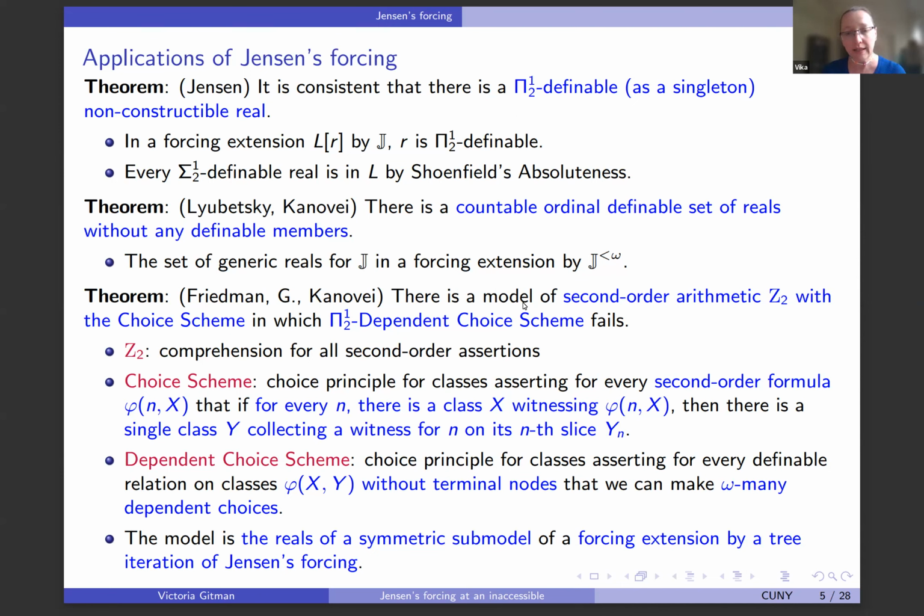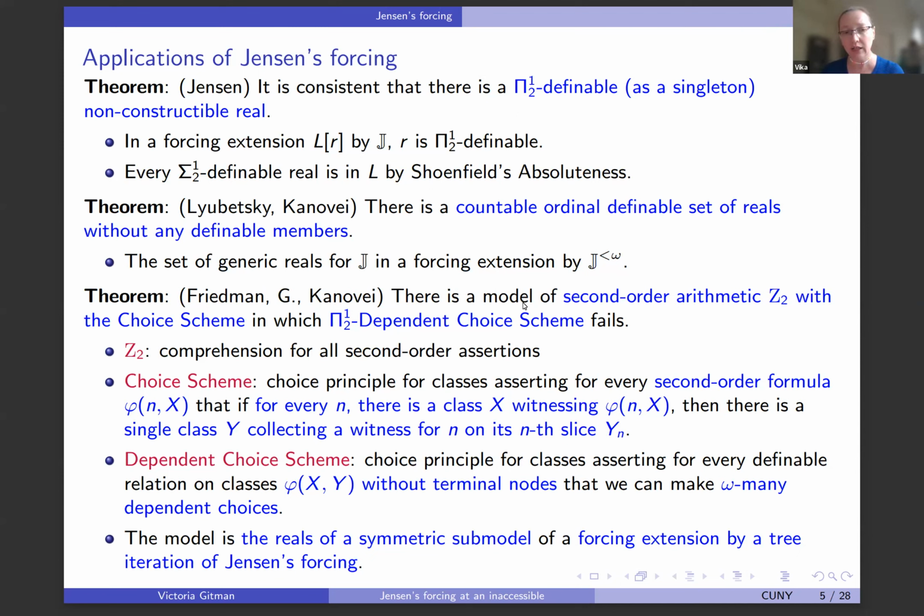The choice scheme is a principle that says that given a second order formula φ(n, x), if for every natural number n you have a class witnessing this formula φ, then you can actually collect your omega many witnesses on the slices of a single class.